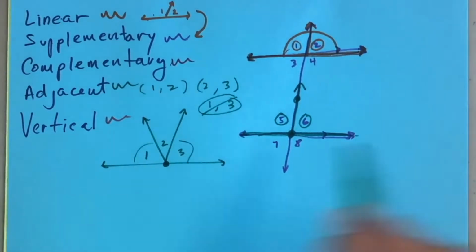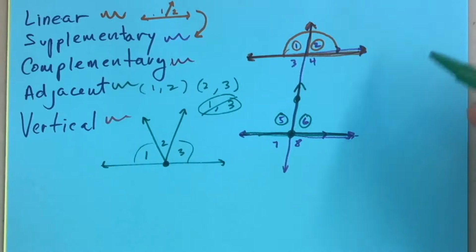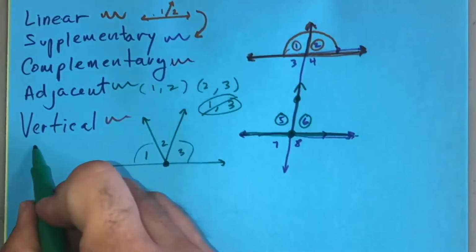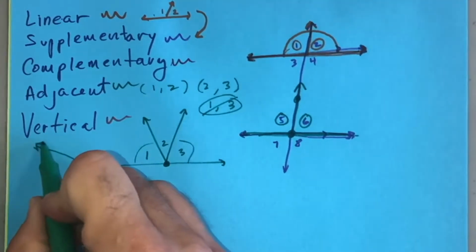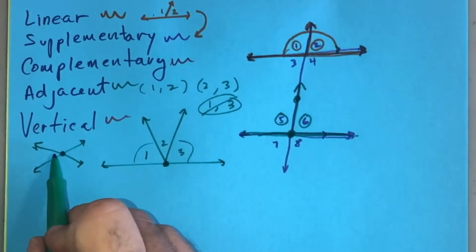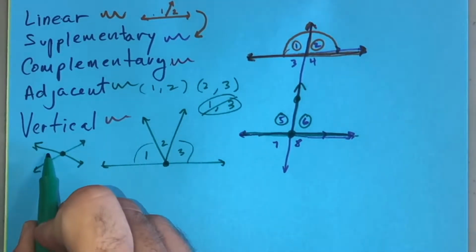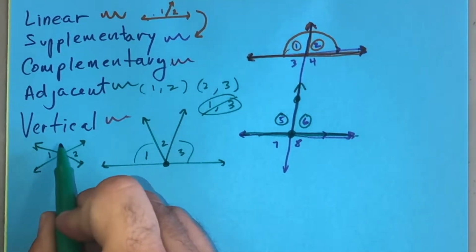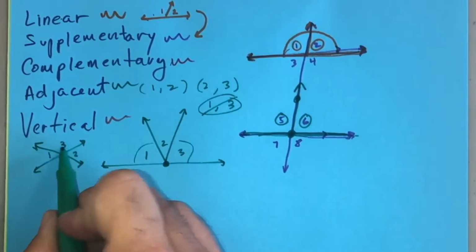Now, vertical angles are created when two lines intersect, right? And they form two angles with a common vertex and two non-adjacent sides.